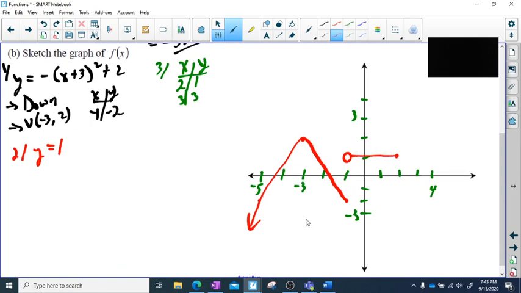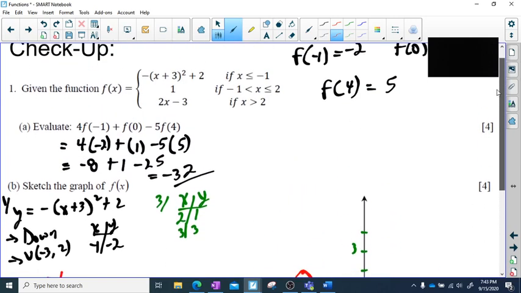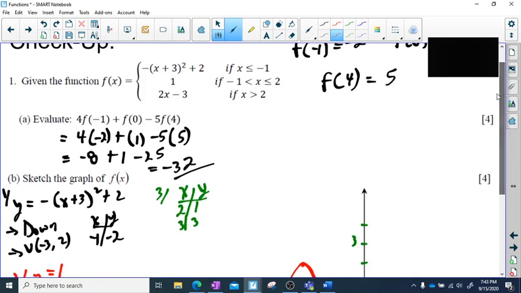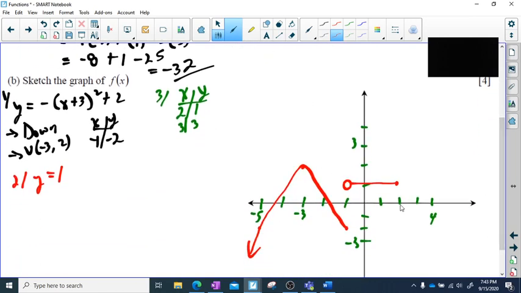That's piece 2. Piece 3 of the function is linear. The first point I used was (2, 1), which would be an open point on the graph because there's no equal sign. So let's go to (2, 1) and put an open circle. Now I'm glad this example popped up because you say, well, it's already closed in. It can't be both open and closed.